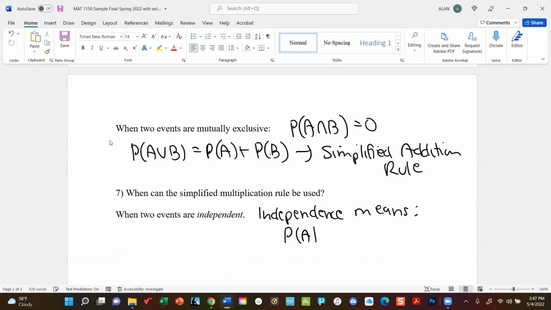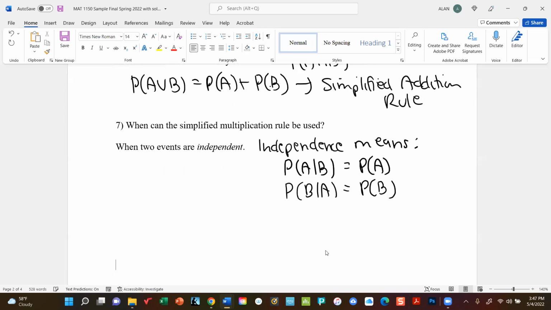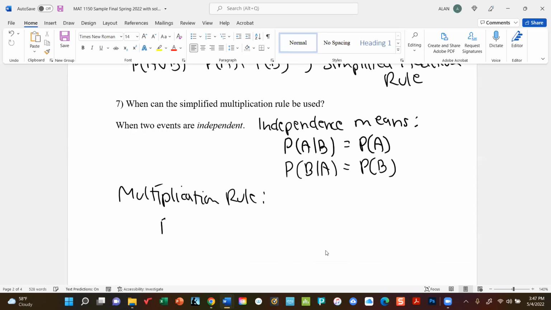It means that these two conditional probabilities, for example, this one, what it really means here is that knowing that B is true does not affect the probability of A. And further, knowing that A is true does not affect the probability of B. That's what we mean by independence. Now, the multiplication rule, as it stands, looks like this. And there are two different equivalent ways of expressing it.